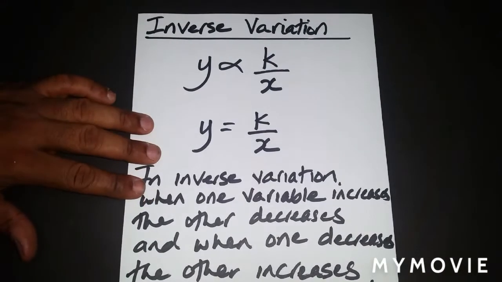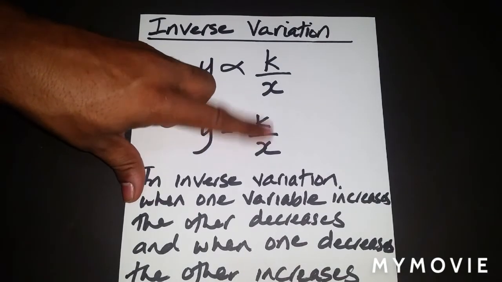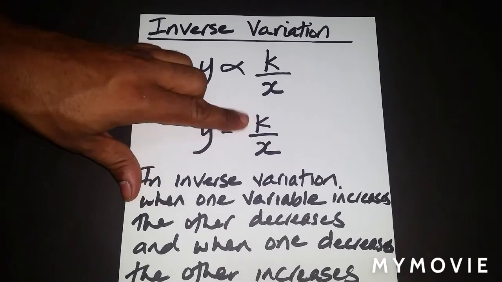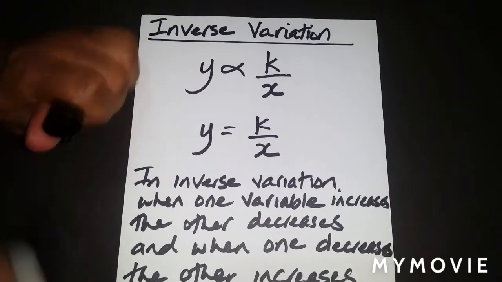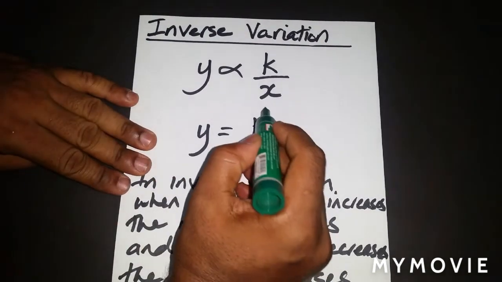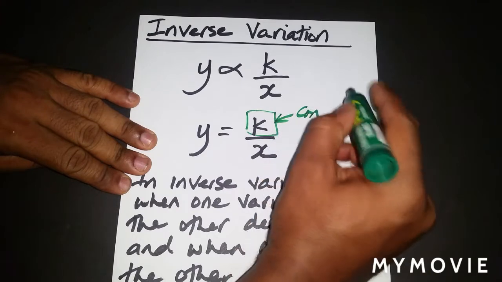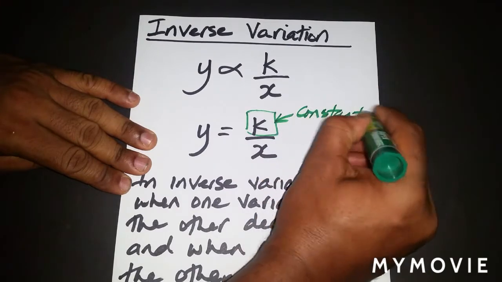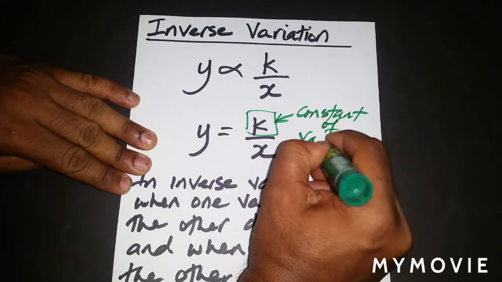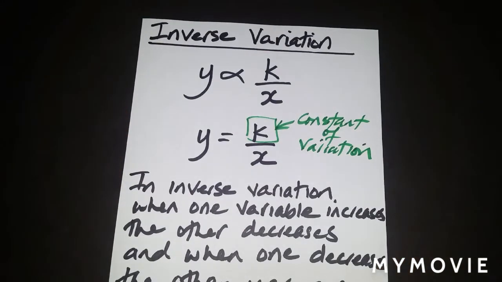Now for inverse variation, this is the formula that I wanted to look at. Y is equal to k over x. Again, k is the constant of variation. Okay, and again, you're going to understand what that means in a little bit.